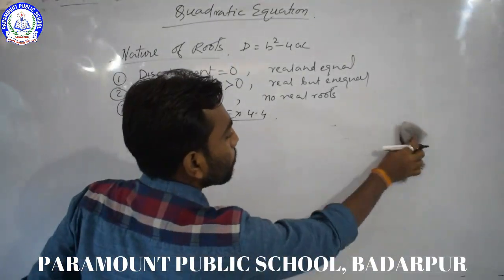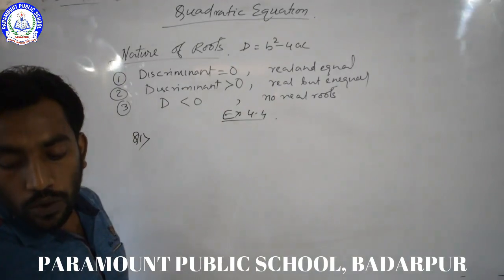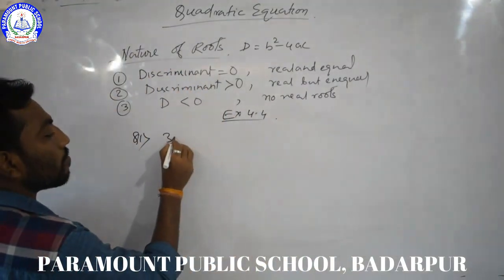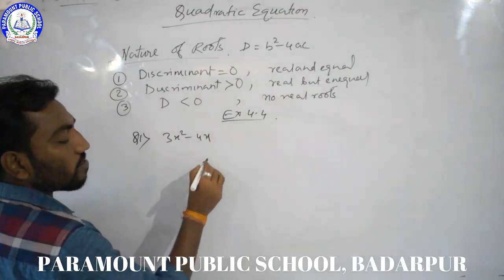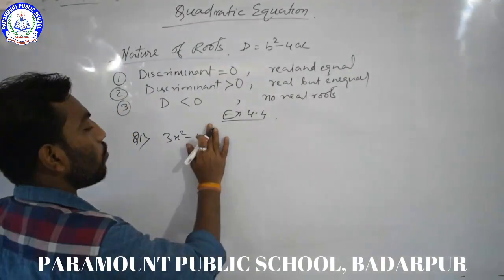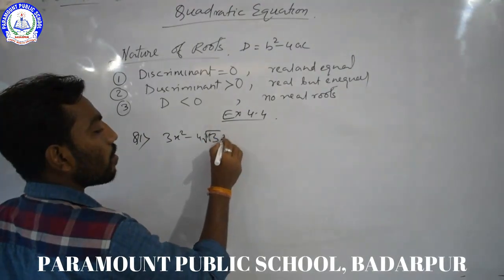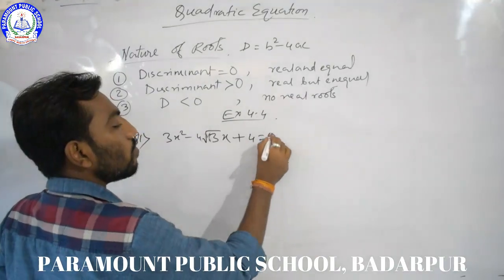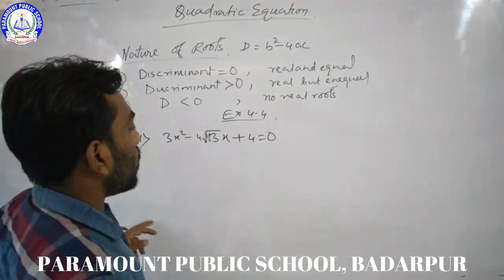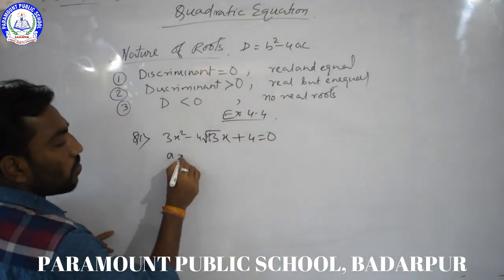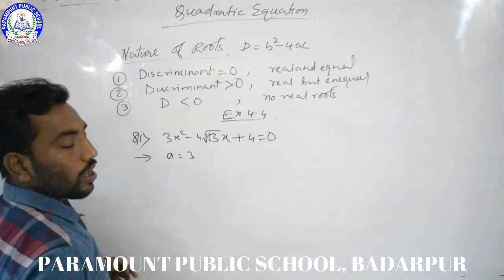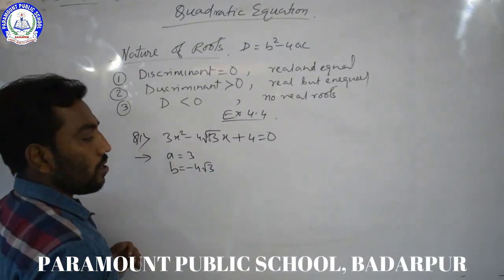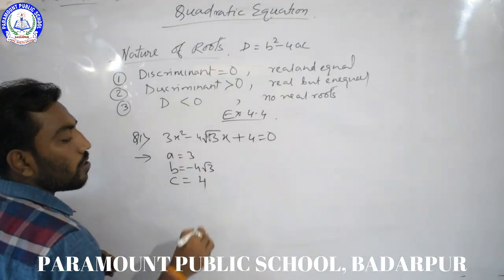What is the second problem? 3x square minus 4 root 3 x plus 4 is equal to 0. So from the given equation we can see our a value is 3, our b value is minus 4 root 3 and our c value is 4.